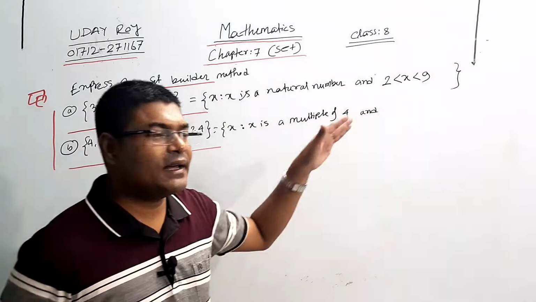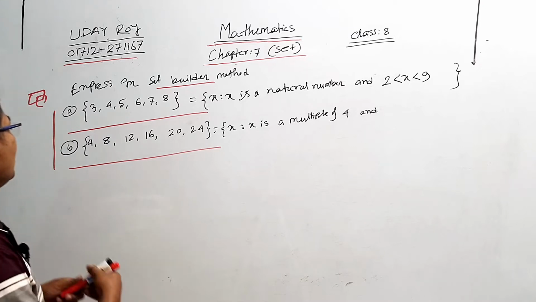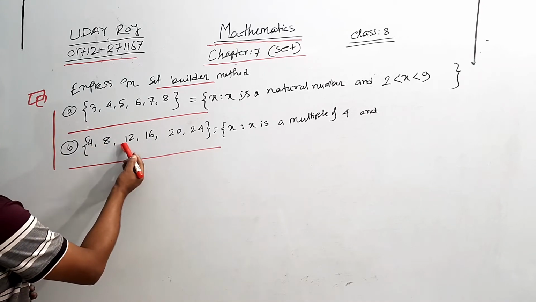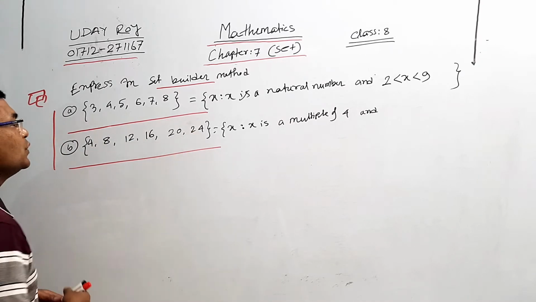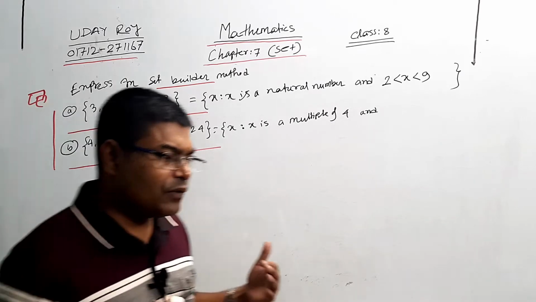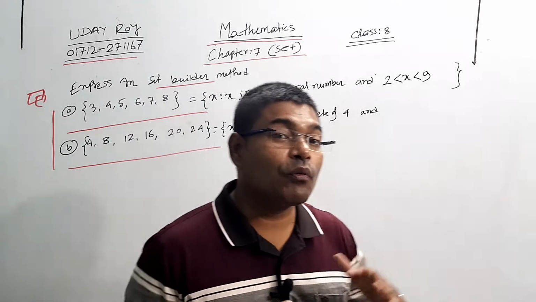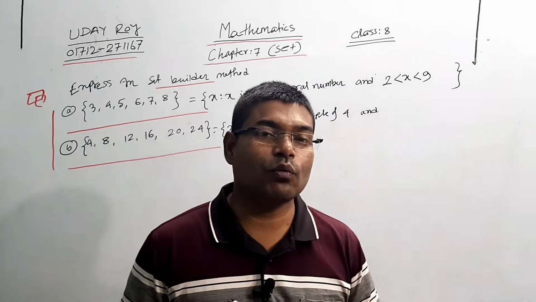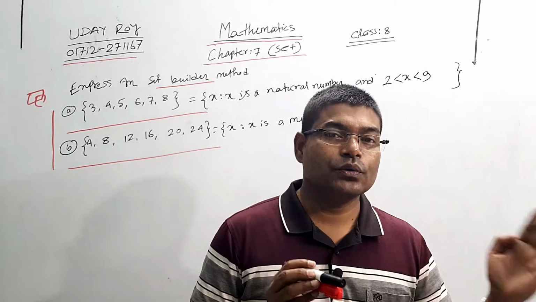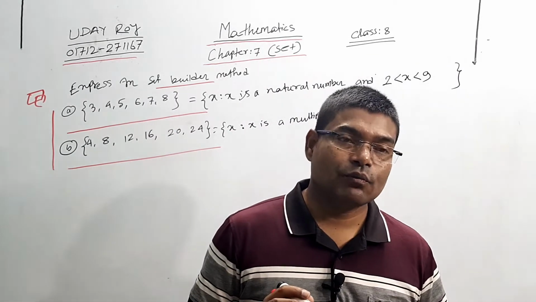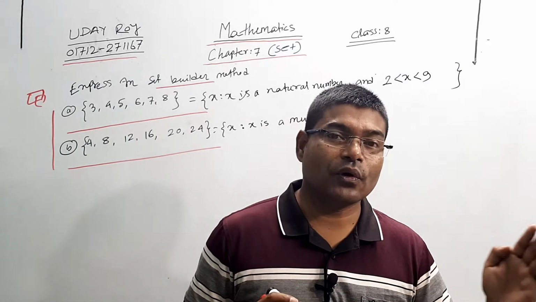Let's come back in another maths. You can see here is 4, 8, 12, 16, 20 and 24. So if we multiply 4 by 1, then we get 4 into 1, 4, 4 into 2, 8, 4 into 3, 12, 4 into 4, 16.